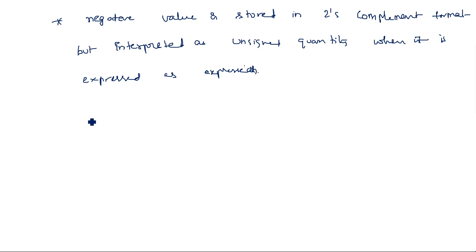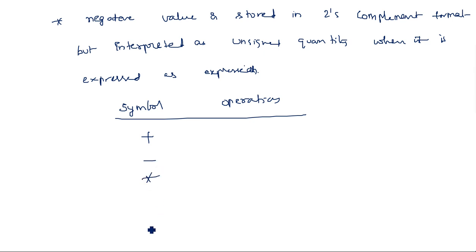Okay, so now what are the different types of arithmetic operators we have? The symbol, and the operation of that particular symbol. So plus, minus, star, division, and percentage.